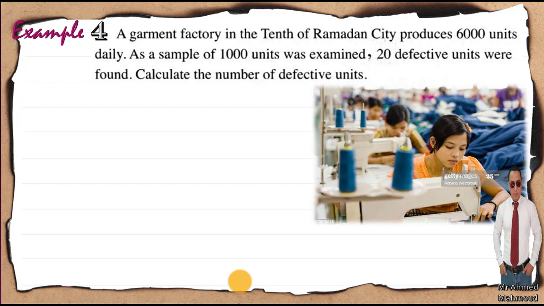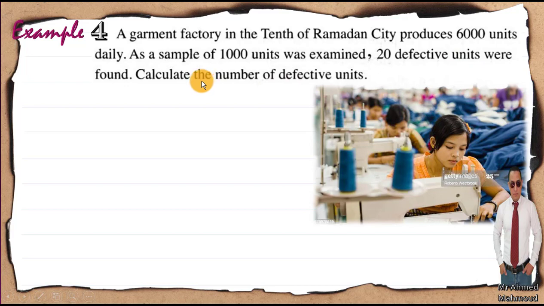Calculate the number of defective units. Here the total production is 6,000. We took a sample and we studied this sample. We found that 20 are defective, or 20 are bad units. So I need to calculate the number.